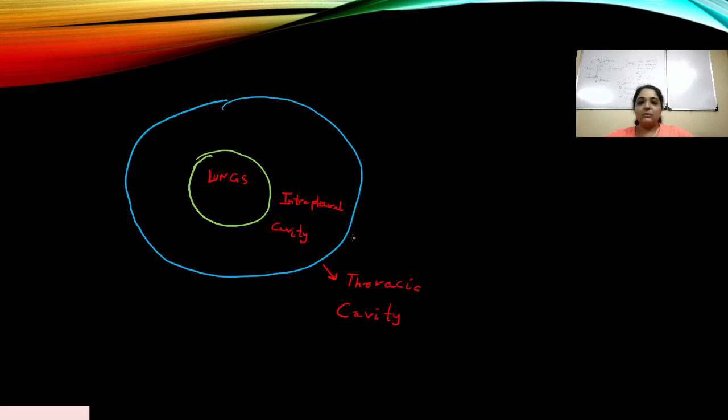Okay, so now, like I said in the previous slide, the thoracic cavity attains its normal size. The thoracic cavity has attained its normal size, but the lungs are still moving in, because of elasticity in the lungs.